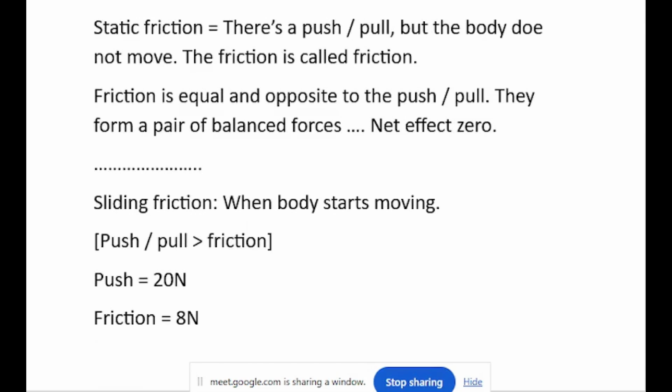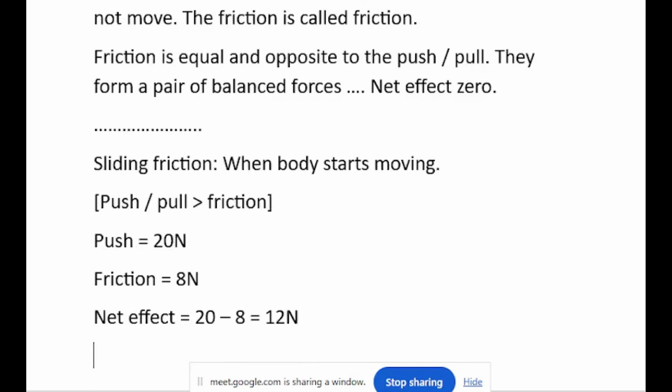So the net effect will be 20 minus 8, equal to 12 newtons. The body is moving because of 12 newtons, not because of 20 newtons. The push is 20 newtons, but the body is moving because of 12 newtons.